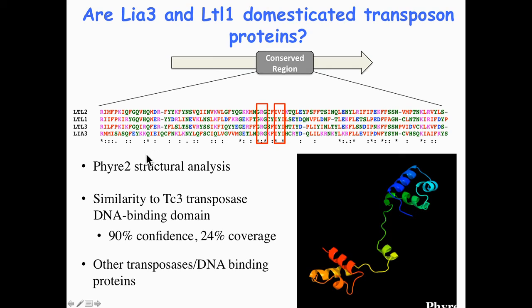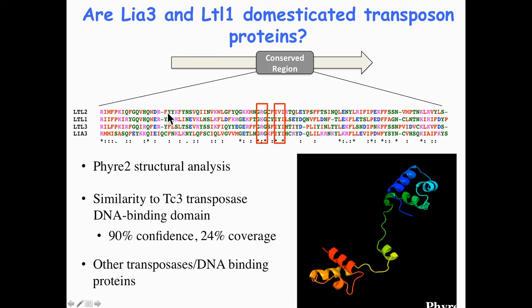So I said that Lia3 and LTL1 are novel proteins. In trying to understand where these might come from and what they actually represent, Vita did structural prediction analysis.